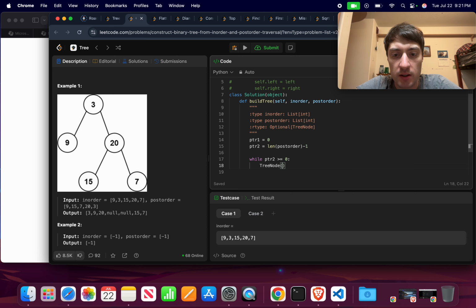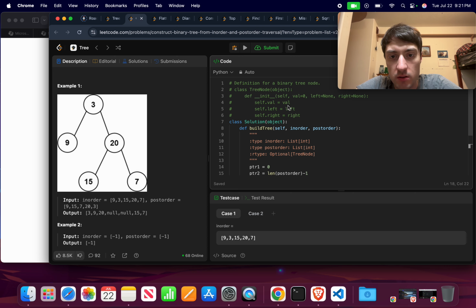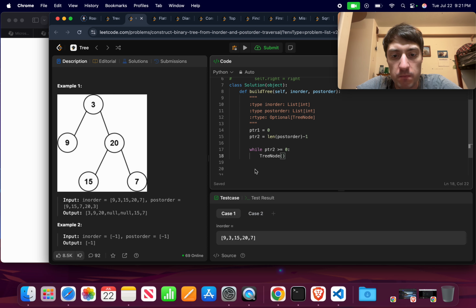And then I pass in value, left and right, okay? So value is going to be pointer 2. That's the index, and I'm going to go to post order indexed at pointer 2. That's going to be the value. It's the 3 right there, okay? And so far I want no left or right child.